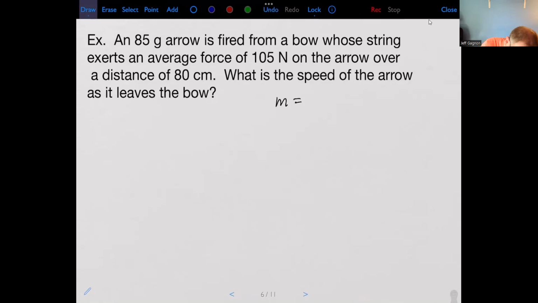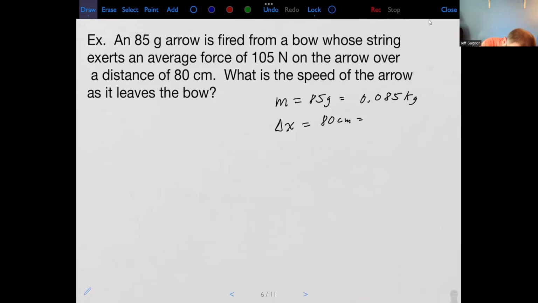If the mass is 85 grams, that's the same as 0.085 kilograms. I move the decimal 3 places to the left. And then the displacement here, I'll call it delta x, is 80 centimeters. But if I want that in meters, I've got to be careful. There are 100 centimeters, not 1,000, in 1 meter.